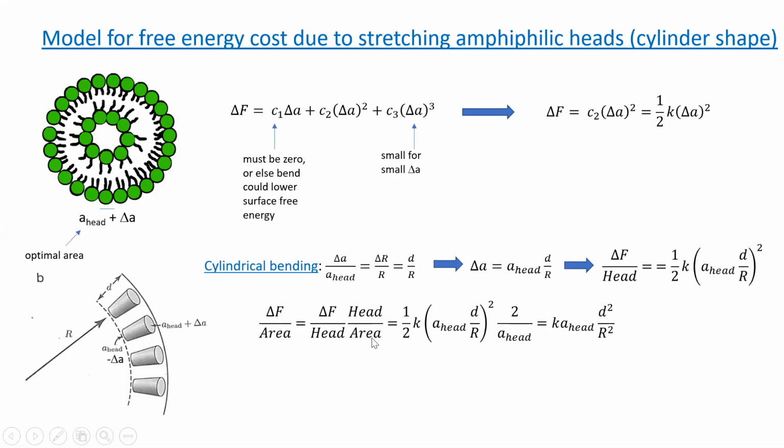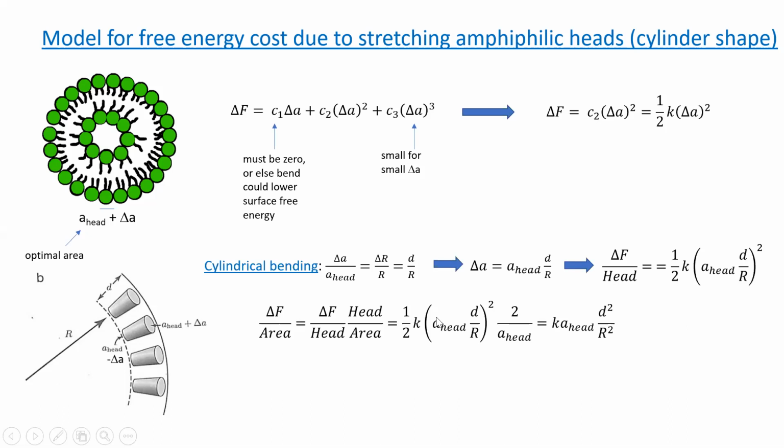The number of heads per area will be 2, because each area here has an inner head and an outer head, and they both have a linear change, well, plus delta A and minus delta A, but in the change in free energy, delta A is squared, so it doesn't matter if it's positive or negative. So it would be two of these heads over the area, which is A head.